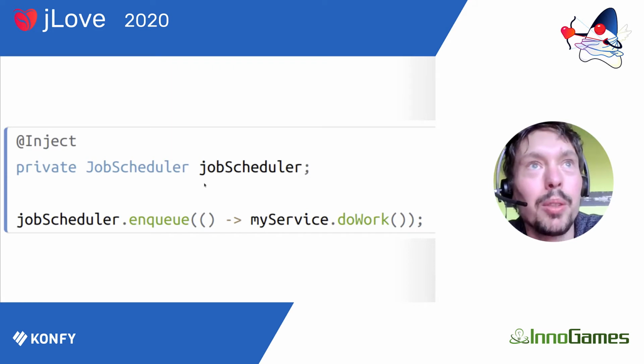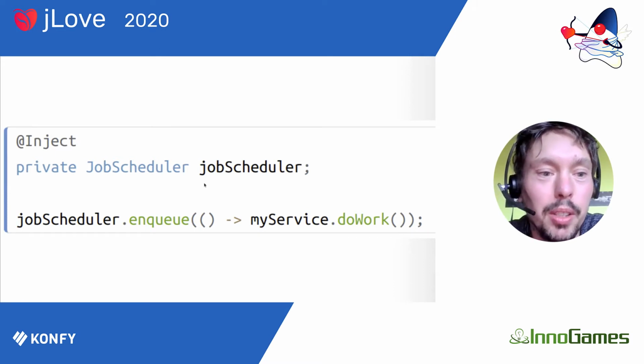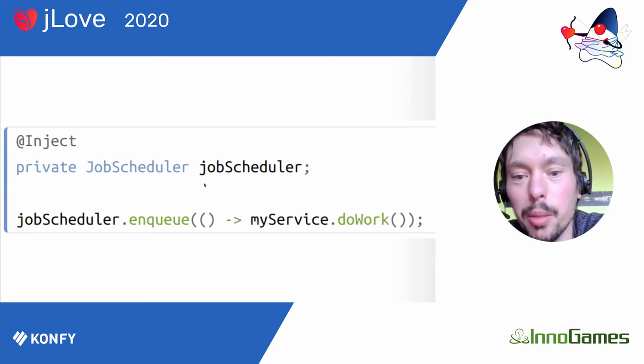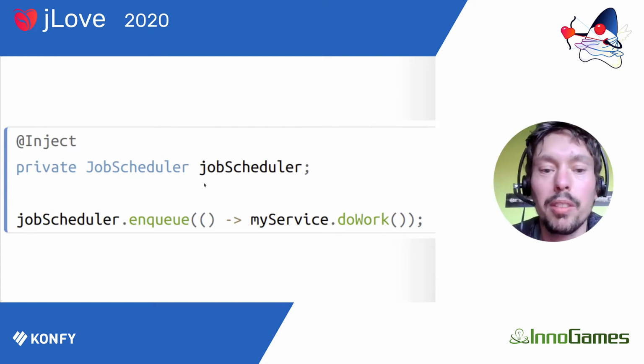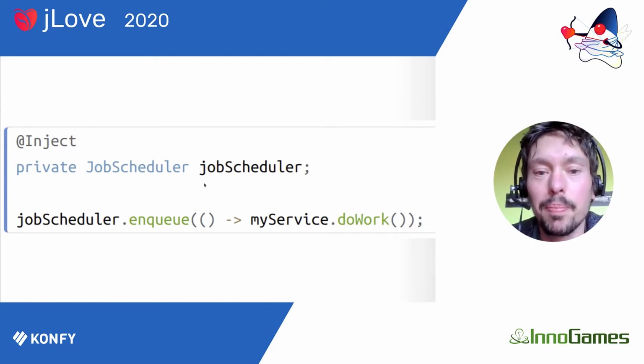People who like to work test driven saw, hey, but that BackgroundJob class, that's a static class. That's difficult to test. Well, it's just a facade for readability. You don't have to use it. There is, of course, a JobScheduler bean that you can inject, and you can use that one with all the same methods.